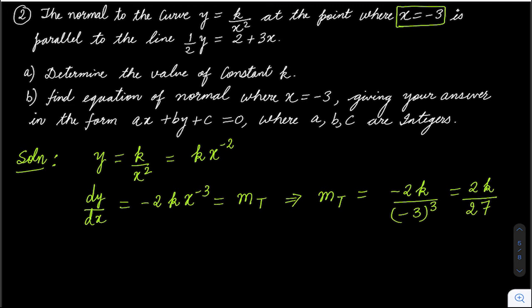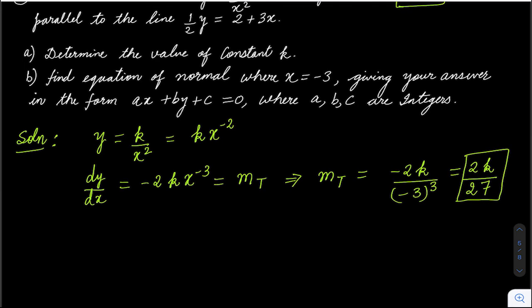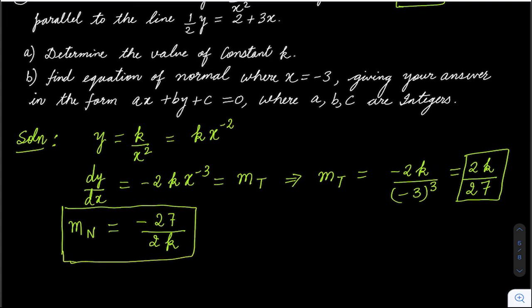Now this minus minus will cancel. So this is my gradient of tangent. But I need gradient of normal. So from this I can say my gradient of normal is negative reciprocal, so negative and reciprocal, 27 over 2k. So invert numerator and denominator. So this is my gradient of normal at the point x equals minus 3.